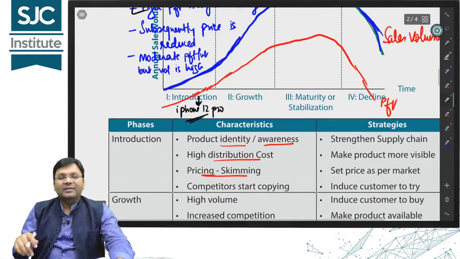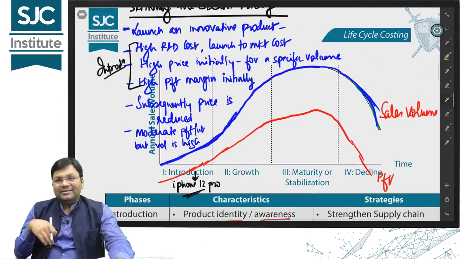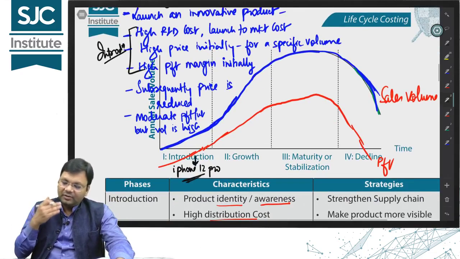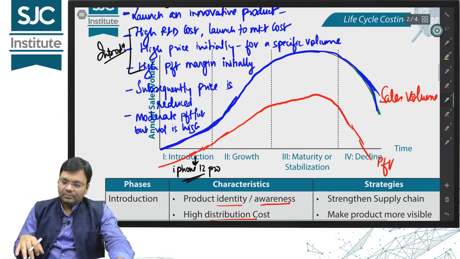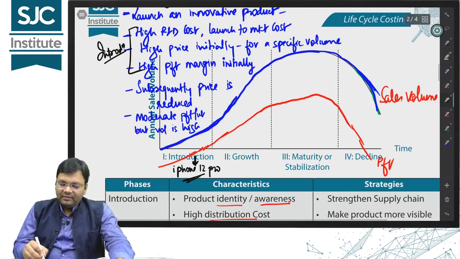Okay, so that's what we have here. Price skimming is going on in the introduction phase. Skimming starts at introduction, but it doesn't mean that it is not happening in the next level. Skimming keeps on going throughout the life cycle. It starts at introduction. Apple knows that not everyone will buy my product over here.